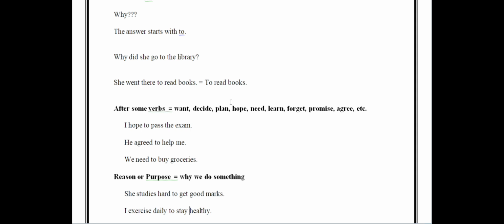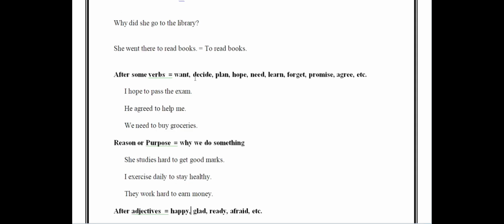To read. It is also taken with verbs like want, decide, plan, hope, need, learn, forget, promise, or agree. Example: I hope to pass the exam. He agreed to help me.